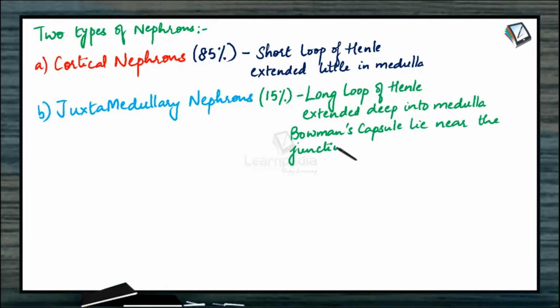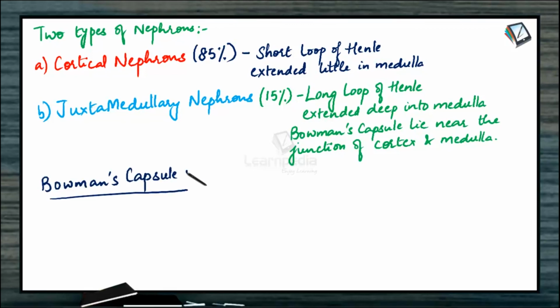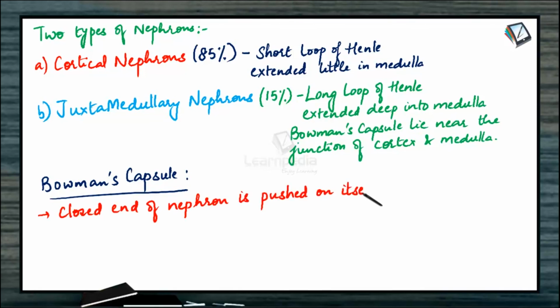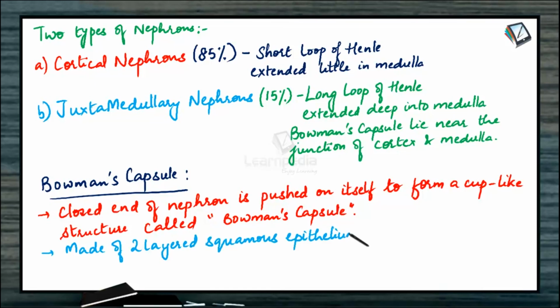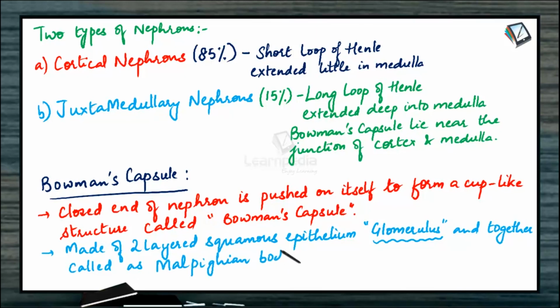Beginning with the structure of the nephron, the first part is the Bowman's capsule. The closed end of the nephron is pushed on itself to form a cup-like structure called Bowman's capsule. This Bowman's capsule is made of 2-layered squamous epithelium, and together with the glomerulus it is called the Malpighian body or renal corpuscle.